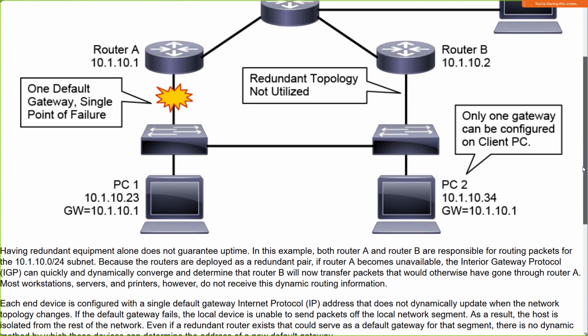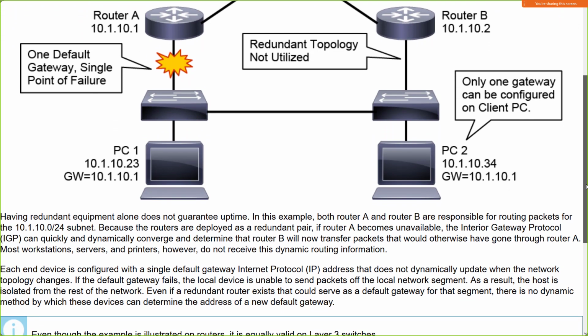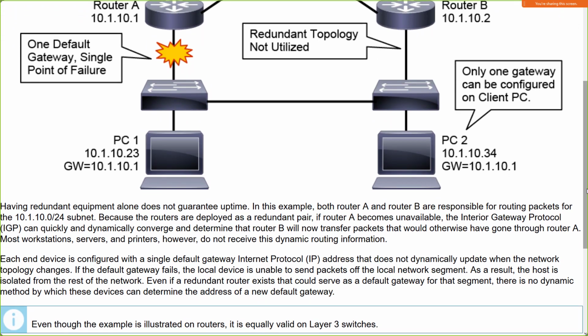So what we'd like to do is we'd like to have a way that the clients could have a gateway assigned, but that gateway is somehow virtual. And upstream devices like upstream routers can then take those virtual addresses and take control of them and manage the traffic flow for those virtual addresses, whether it is an IP address or a MAC address.